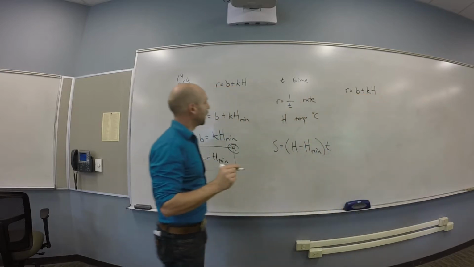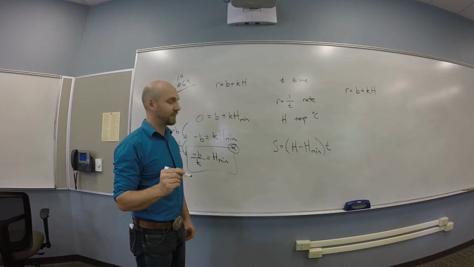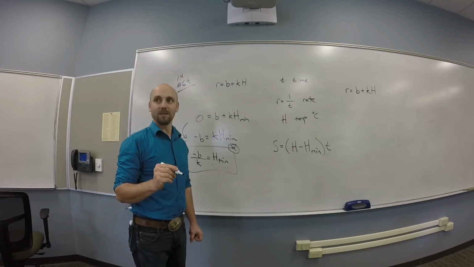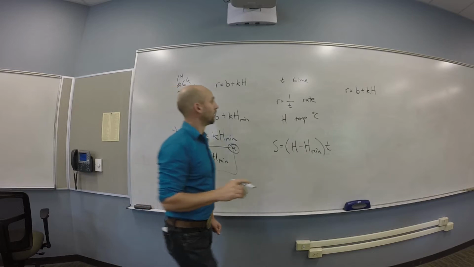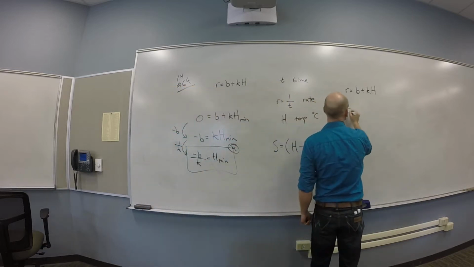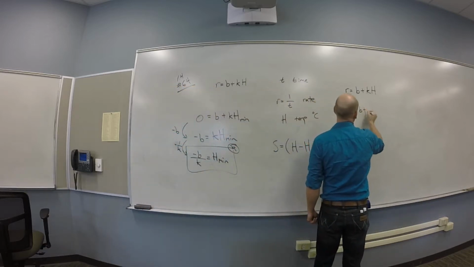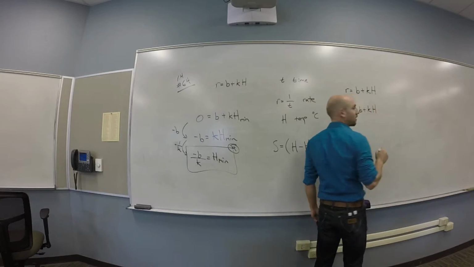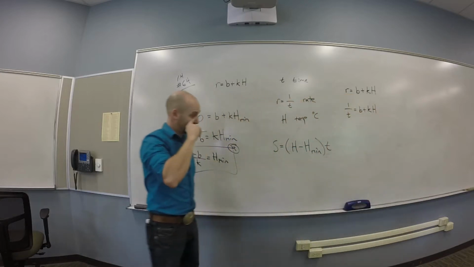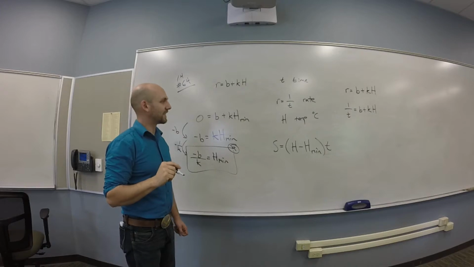I know that R is 1 over t, right? So I know that 1 over t is b plus kh. And I really want to put an S in there.